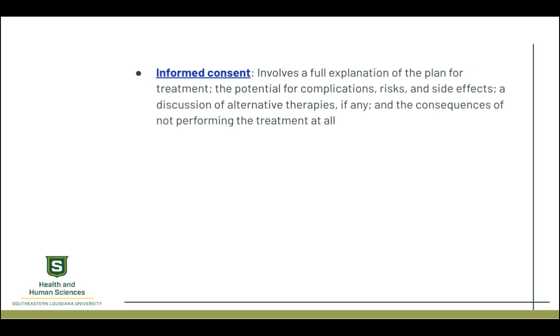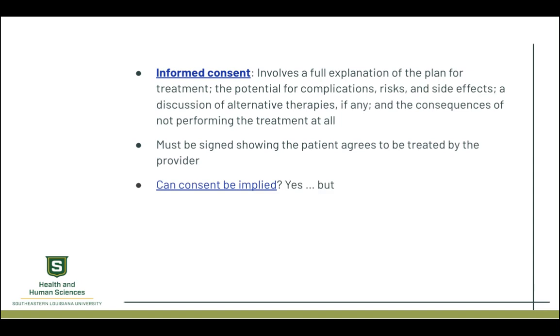If there are alternatives to the treatment, they also need to be aware of it. And if they decide to go with those alternative treatments, it also has to be documented that I did all of this. So that's basically what informed consent means. It needs to be signed by the patient, agreeing to be treated by the provider.